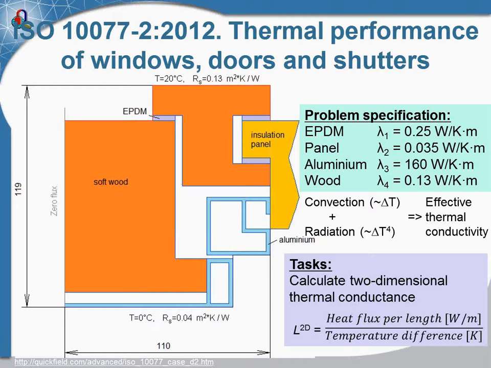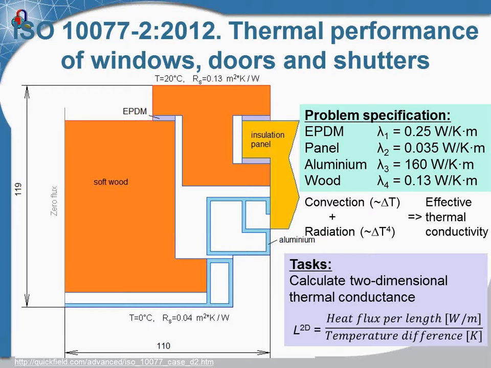The main challenge here is to take into account convection and radiation heat exchange that present inside the air cavities. Some cavities you can see are closed and some cavities are slightly ventilated.